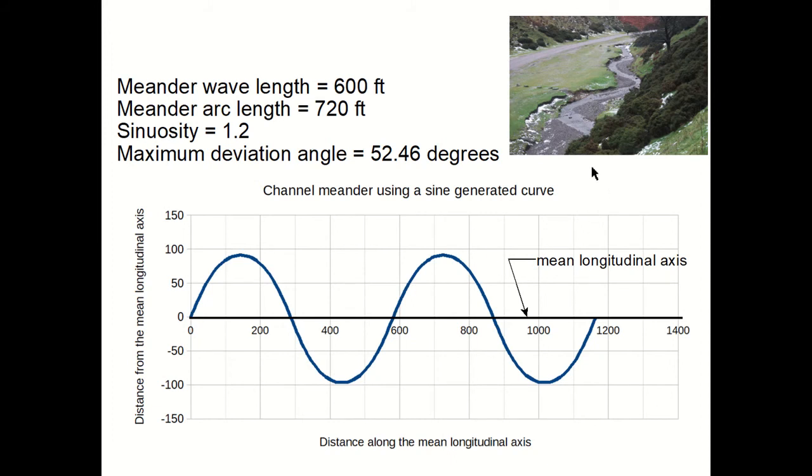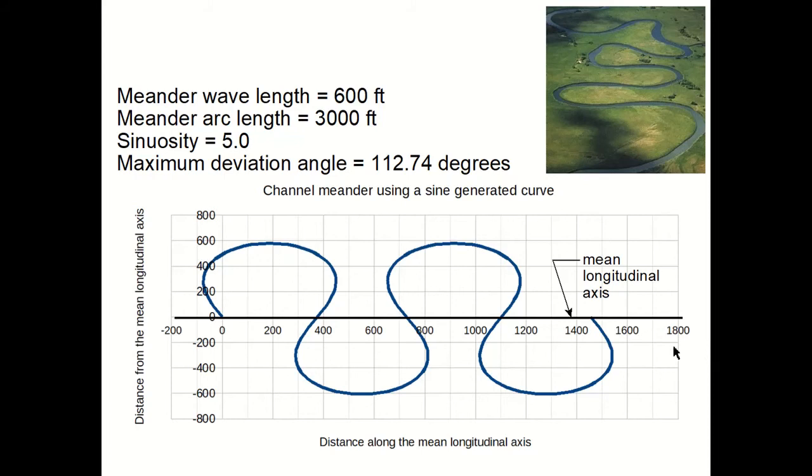Now this photograph doesn't actually have a sinuosity of 1.2. It's just representative of a sinuosity that would be approximately 1.2. Now, if you take a meander wavelength of 600 and a meander arc length of 3,000, 3,000 divided by 600 is 5.